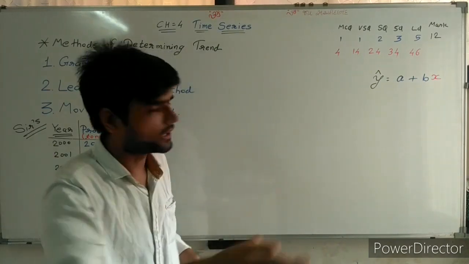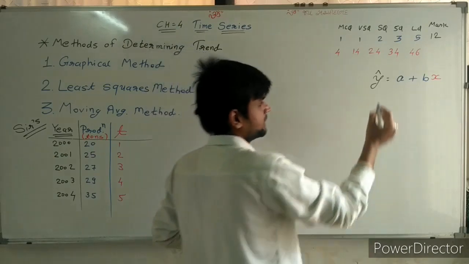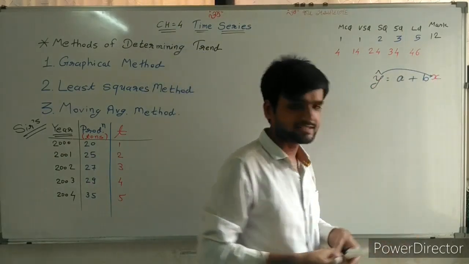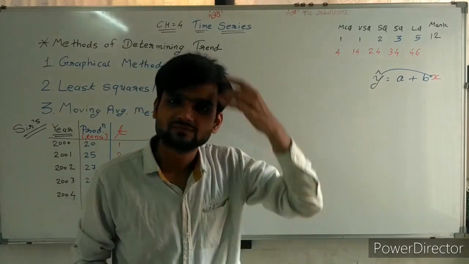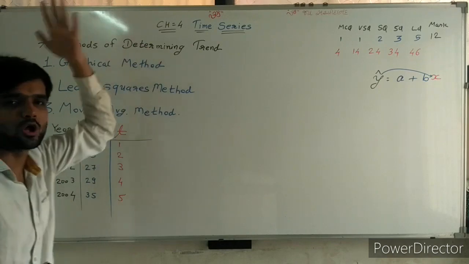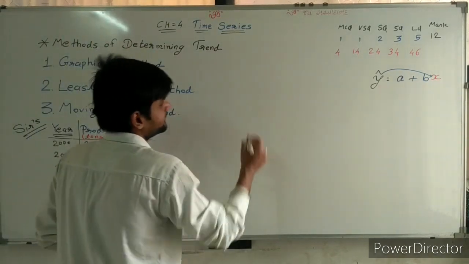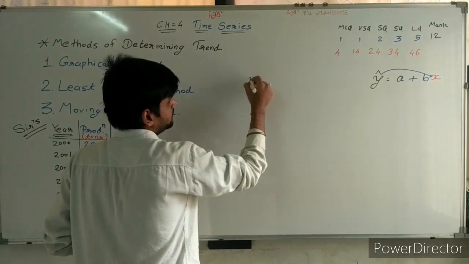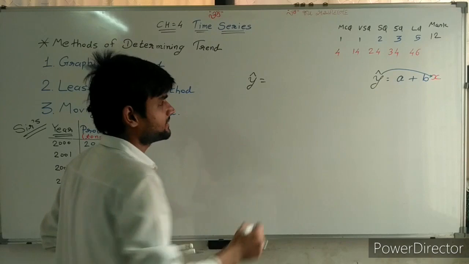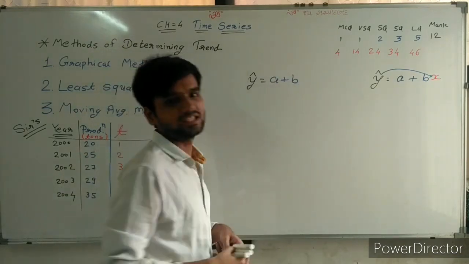I think all of you have knowledge about this. Here y depends on x. Same situation for least square method in this chapter. Here also we need to find y cap. Y cap is equal to a plus b.